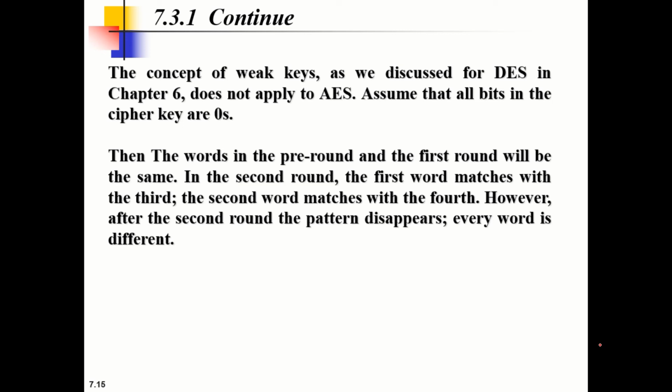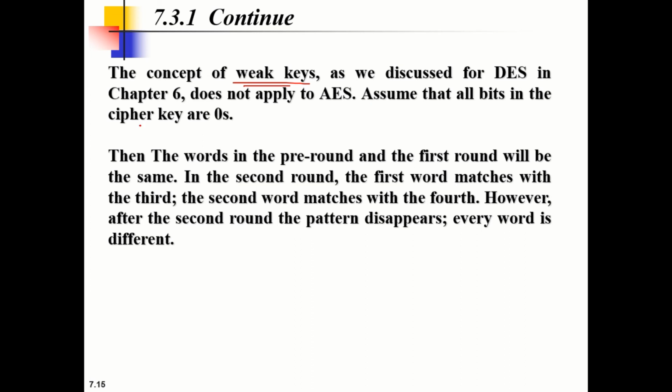So it tells you that if you assume, because weak key was, if all the bits of the key are zeros or ones or half zeros and half ones, so that was the case of weak key.